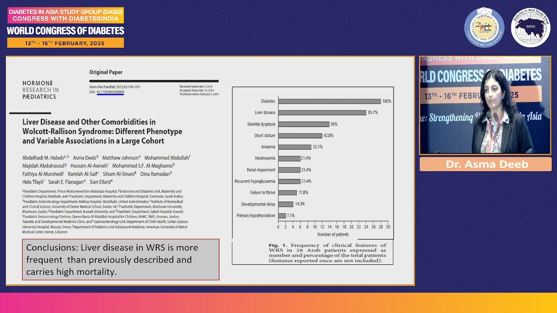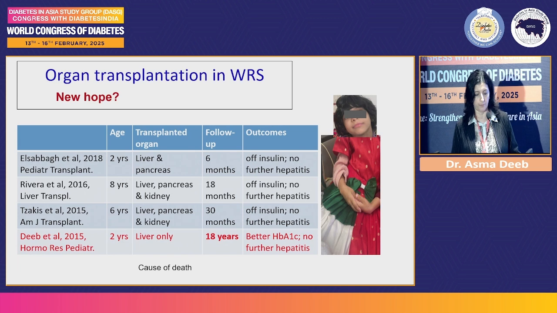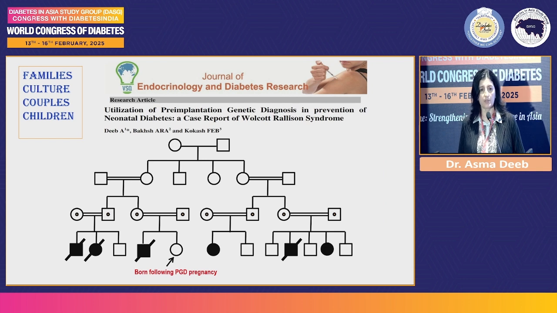Do remember, ladies and gentlemen, when you diagnose a child with neonatal diabetes, specifically Wolcott-Rallison syndrome, to monitor the liver function, because that's what kills these children. There are a few children who had elective and emergency liver transplants in the literature, and it does help to keep those children alive.